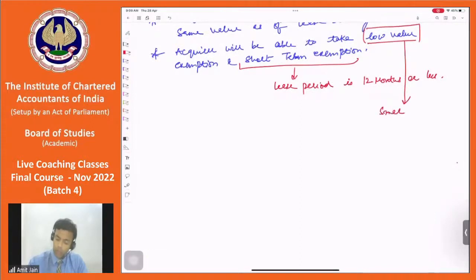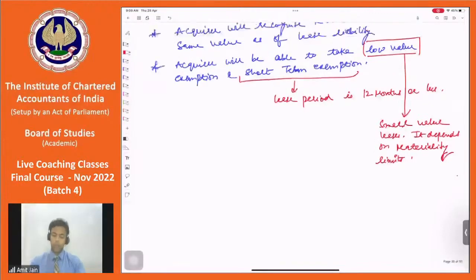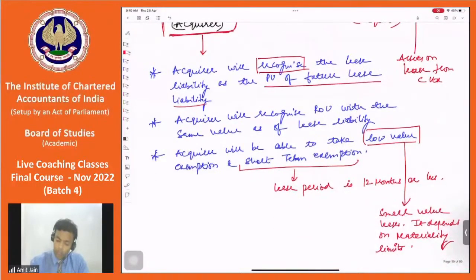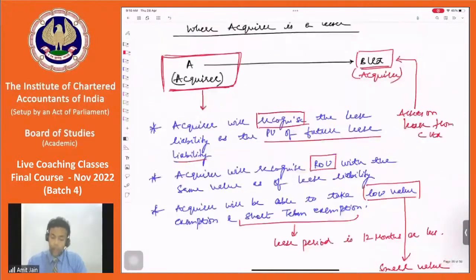Small value leases; it depends on materiality limits. So if this is the transaction, then acquirer A will recognize lease liability as the present value of future lease payments, account for ROU as the value of lease liability, and be able to take the exemption on short term and low value basis. I'm not getting any response, guys. Have we gone through Ind AS 116 or not?